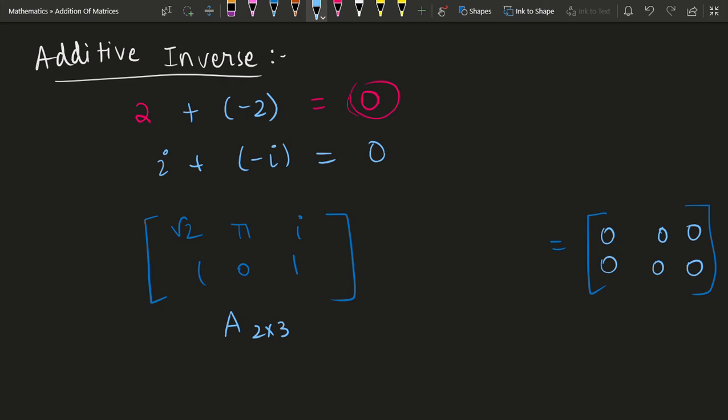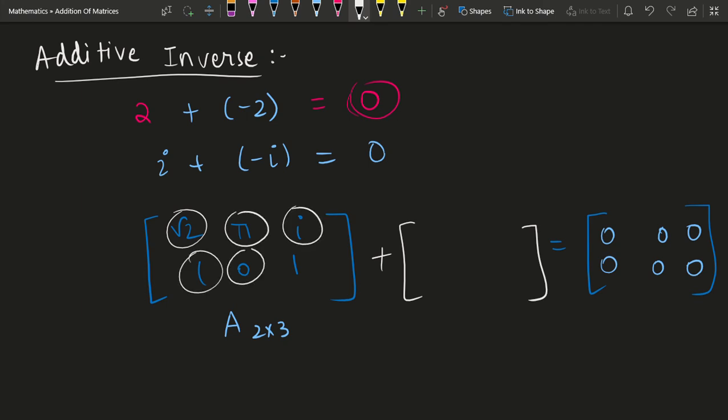So what matrix would you get to ensure that by adding it to A you get the 0 matrix? What you do is you just write the negative of all the elements. So for root 2 you write negative root 2, so root 2 plus negative root 2 would give you 0. For pi you write negative pi. For i you write negative i. Then -1 for 1, 0 just remains 0, 0 plus 0 is just 0, and then for 1 you again write -1.